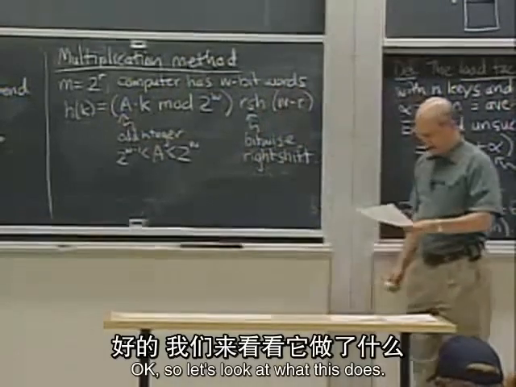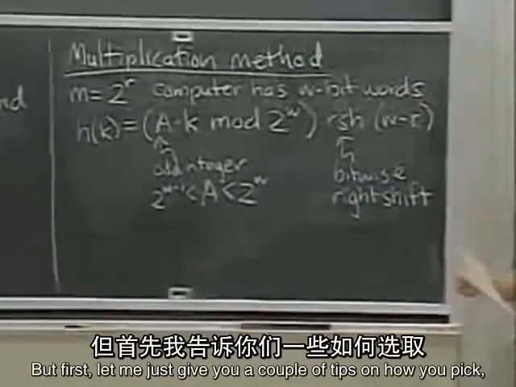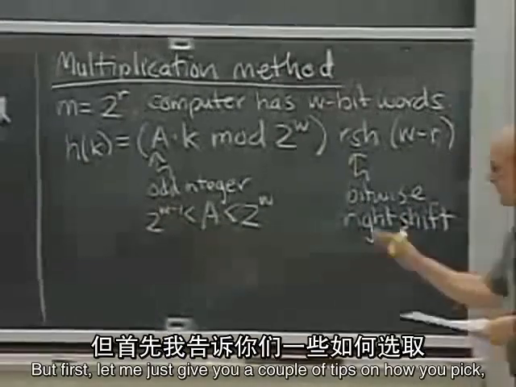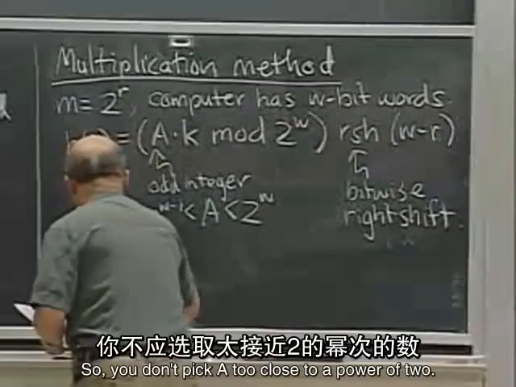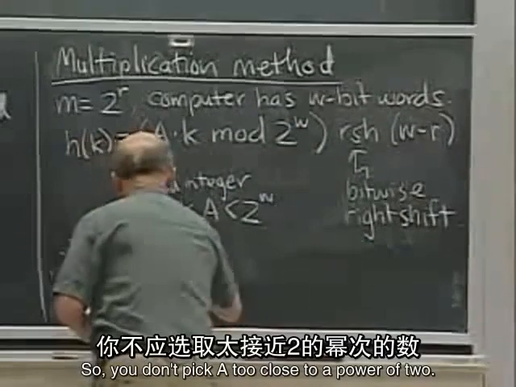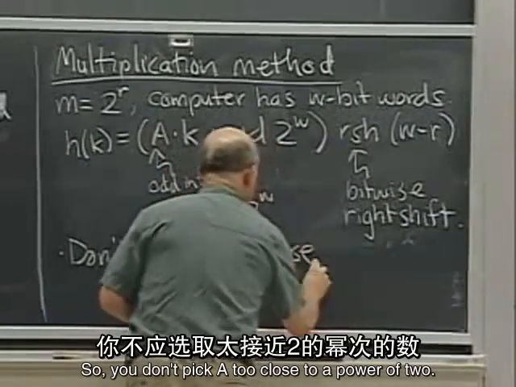So let's look at what this does, but first let me just give you a couple of tips on how you pick, or rather don't pick, A. You don't pick A too close to a power of 2.